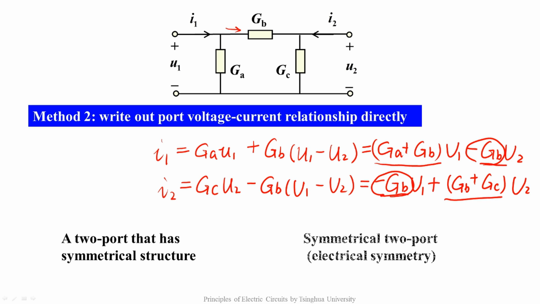In other words, if a two-port has a symmetrical structure, then its electrical parameters should also be symmetric. It's called the symmetrical two-port. But a symmetrical two-port with the electrical symmetry may not have the symmetrical structure.